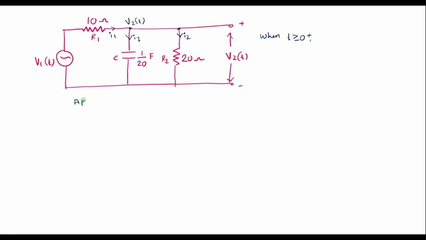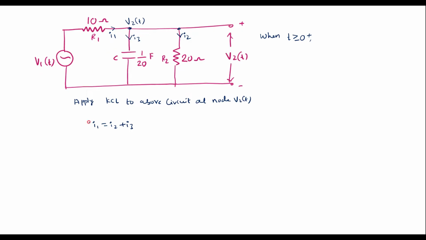So applying KCL to the above circuit at node V2 of t. So here apply KCL at this node. So we can write I1 is equal to I2 plus I3.